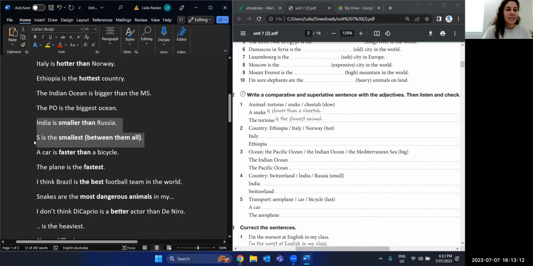Is the smallest. So Switzerland is the smallest. Between them all, of the 3, it is the smallest, Switzerland.